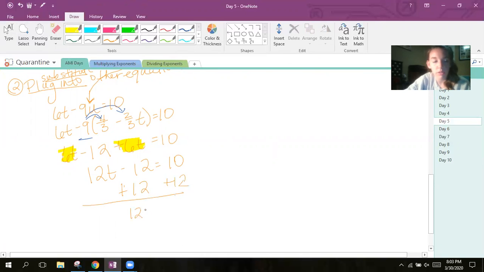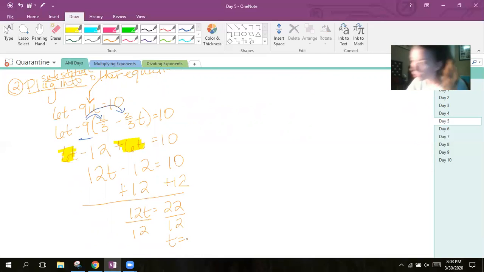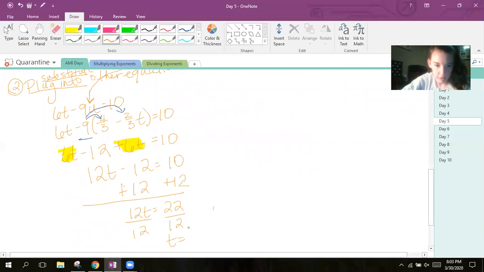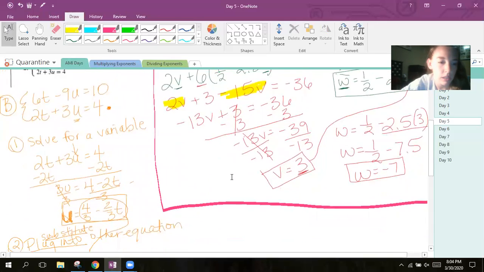So I'll get 12t equals 22. Divided by 12, divided by 12, t equals 11/6. Okay, let me make sure I did all of this correctly.